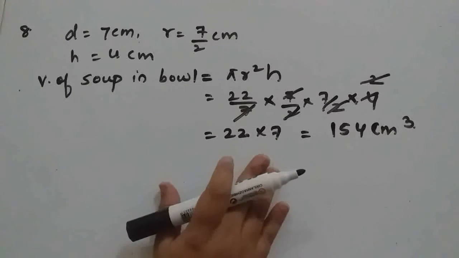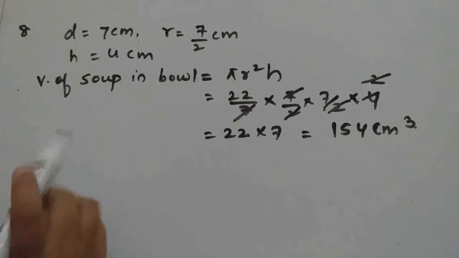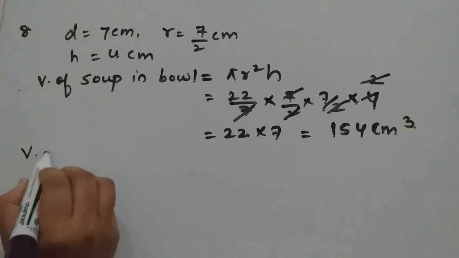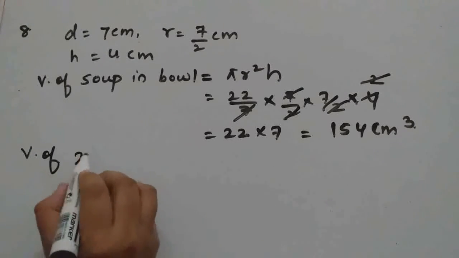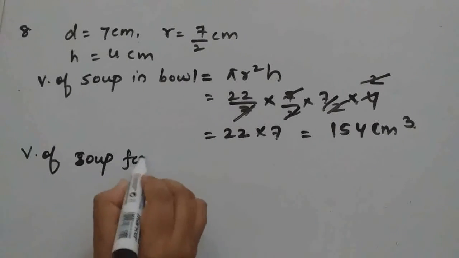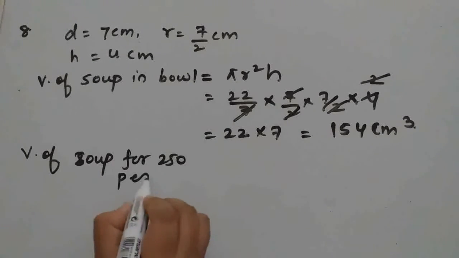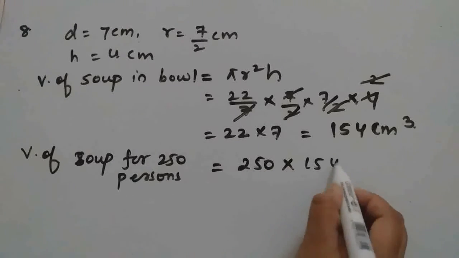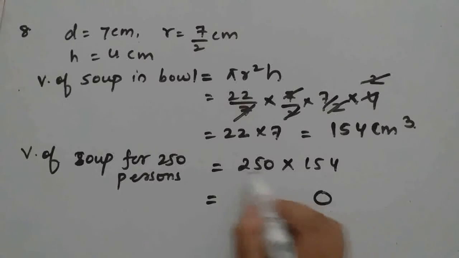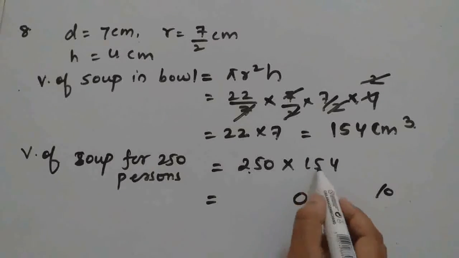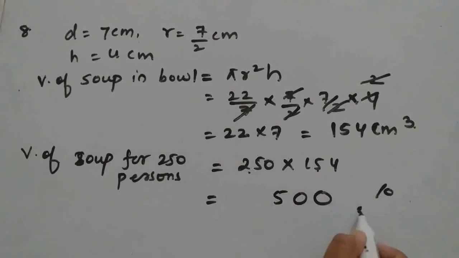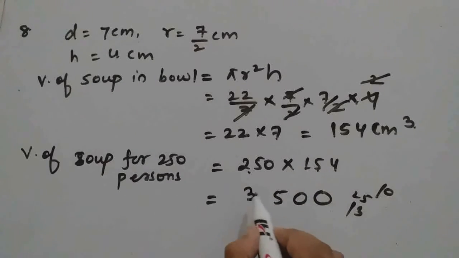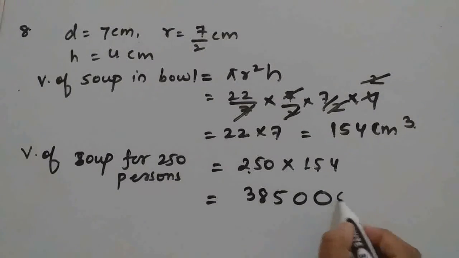How many portions of soup should we make? 250. So the volume of soup for 250 persons will be 250 into 154, isn't it? So this comes to 38500 centimeter cube.